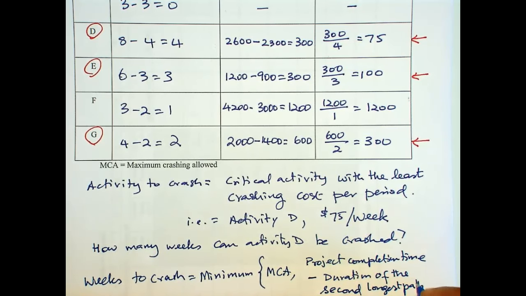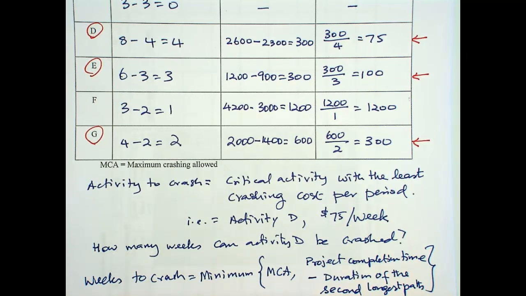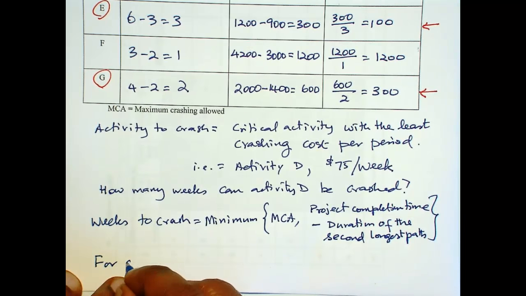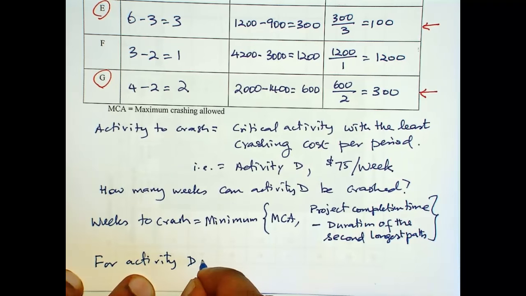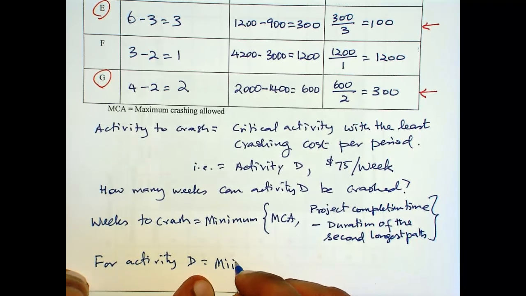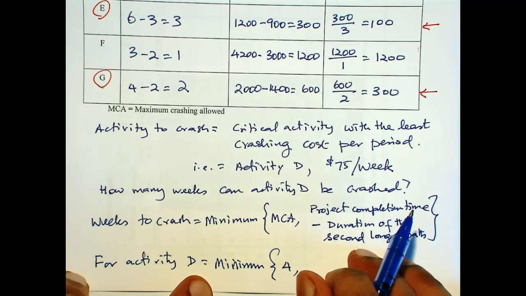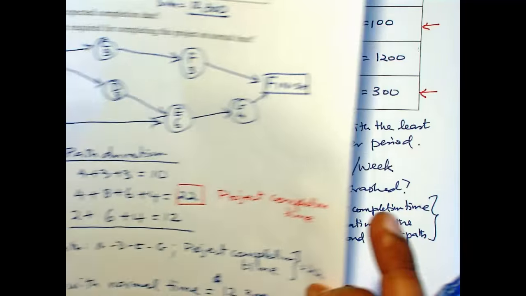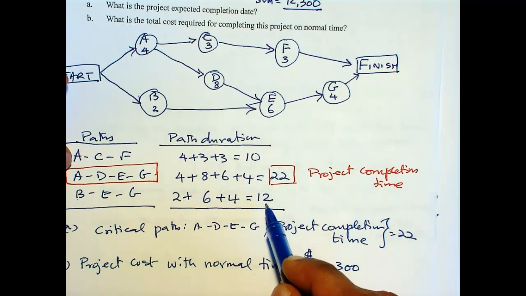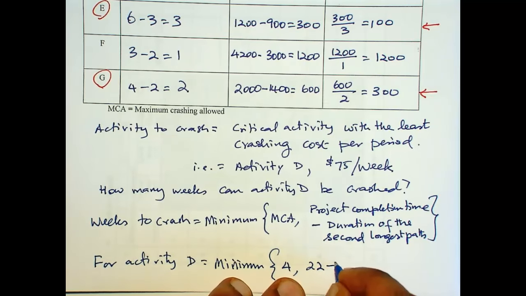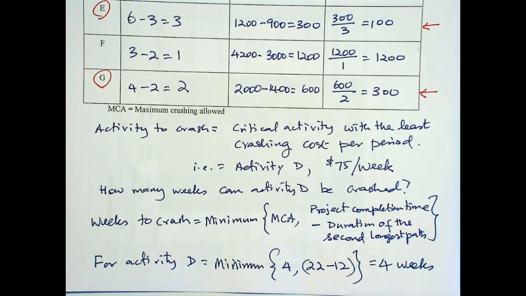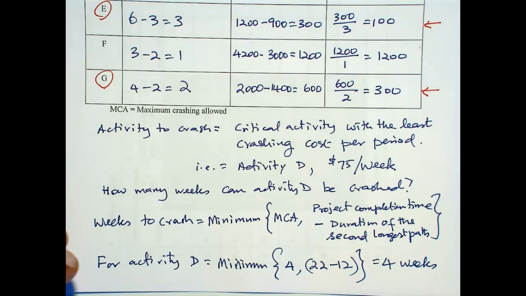So for activity D, minimum of MCA is 4 and project completion time is 22 minus the second longest path, 12. So 22 minus 12. So that is 4 weeks. So that's the amount of crashing we can do.